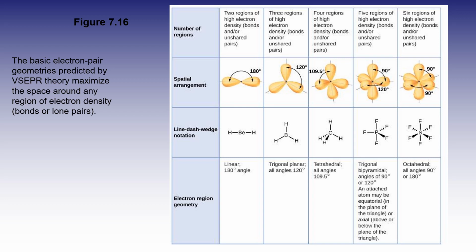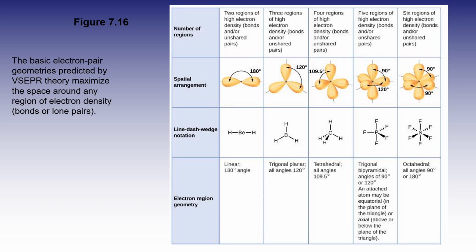It would be, again, 180 linear, 120 trigonal planar for 3. 4 is tetrahedral, 109.5. 5 regions is called trigonal bipyramidal, because there's a pyramid going up and a pyramid coming down with a triangle around the center, and again it's got 90 and 120 degree angles. And then finally octahedral has the 90 degree angles.